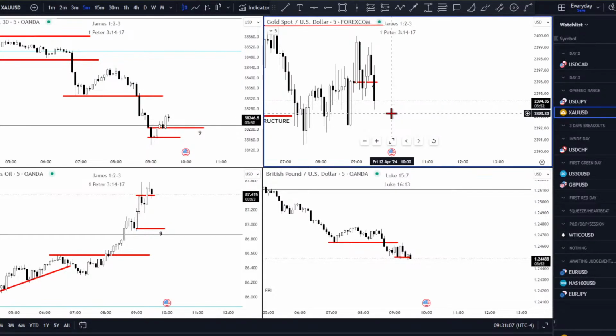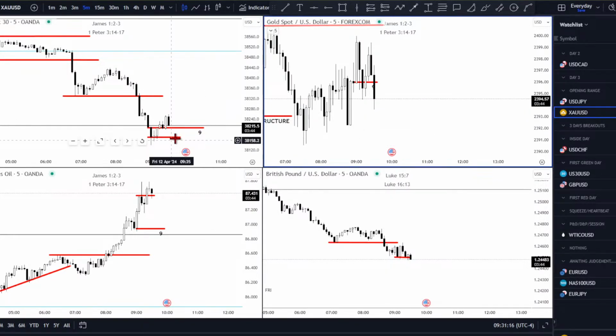Alright, do that. US 30, I wanted to see them trade back down into the low. I need to see them create a peak formation at the low of the day. And this little V bottom is not enough for me.